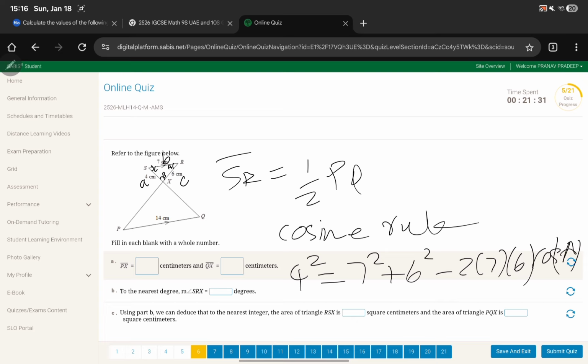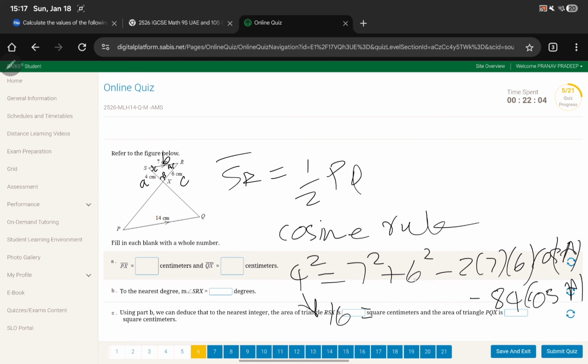Just simplify. It's going to be 16 equals 49 plus 36 minus 2 times 7 times 6, 84 cos A. So what's 49 plus 36?